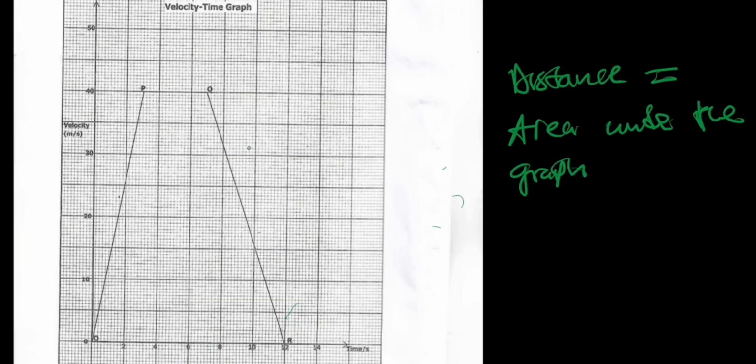So in this case, if you find the area of this particular figure, then you get the total distance traveled by this motorcycle. So that's a very important point to understand. Whenever you're dealing with distance on the velocity time graphs, just know that it is equal to the area under that particular graph.